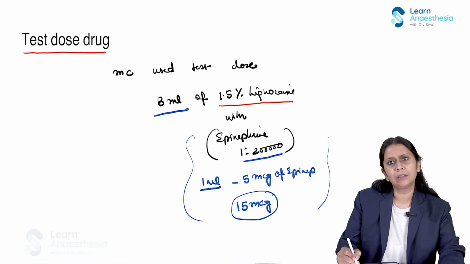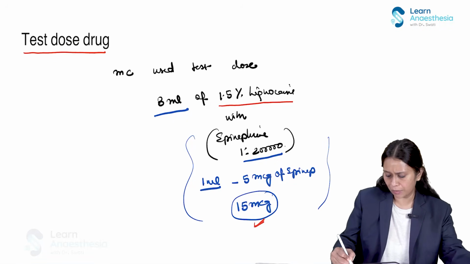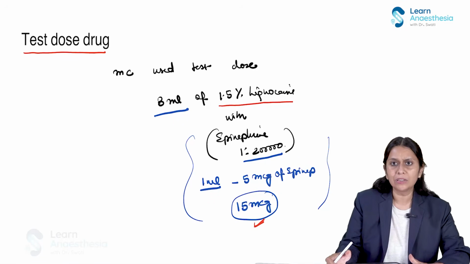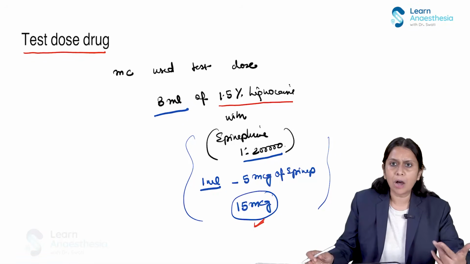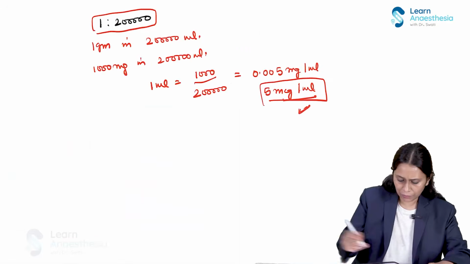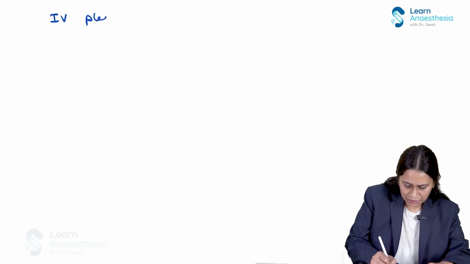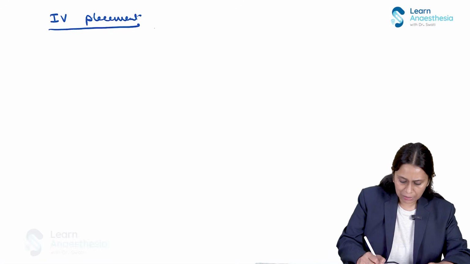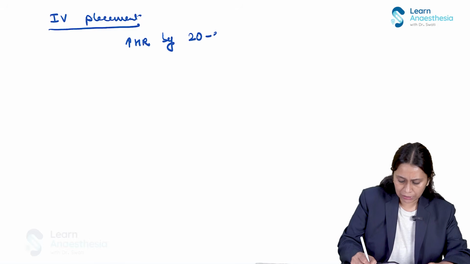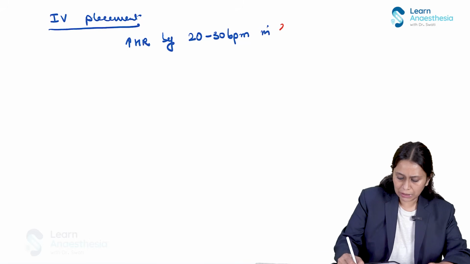So if this 15 microgram of epinephrine goes into intravascular space, how would it present? If it is intravenous placement, if the catheter is malpositioned in IV space, immediately the heart rate of the patient will increase by 20 to 30 beats per minute in 20 to 40 seconds, right?